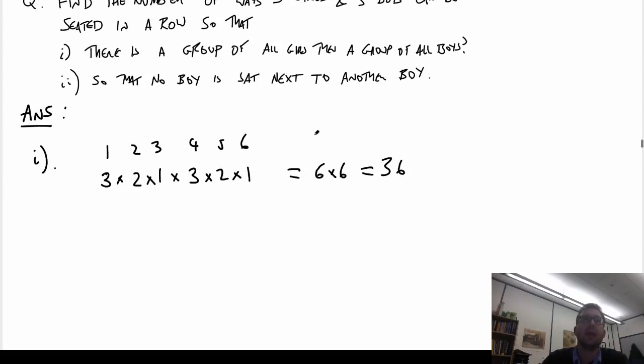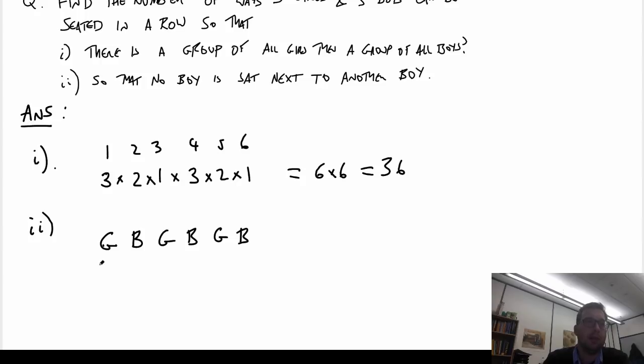Next, we want it so that no boy is sat next to another boy. So let's think about that. A little bit trickier. Let's imagine we start with girl, boy, girl, boy, girl, boy. How many ways are there of arranging so we get girl, boy, girl, boy, girl, boy?